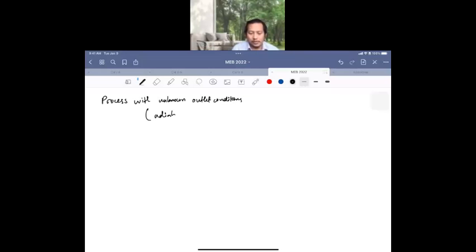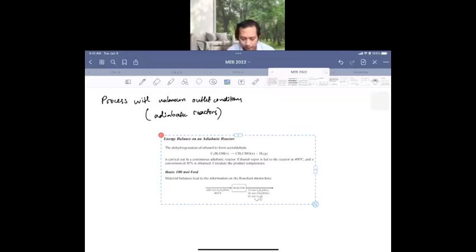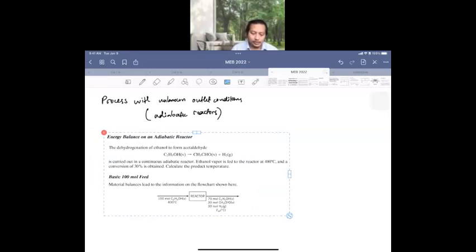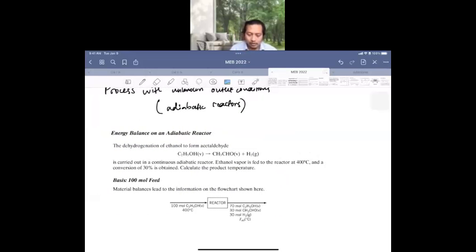Let's say we have the case on adiabatic reactors. We have the dehydrogenation of ethanol to form acetaldehyde. This is carried out in a continuous adiabatic reactor. Ethanol vapor is fed to the reactor at 400 degrees Celsius, and it's converted at 30% conversion. Calculate the product temperature.